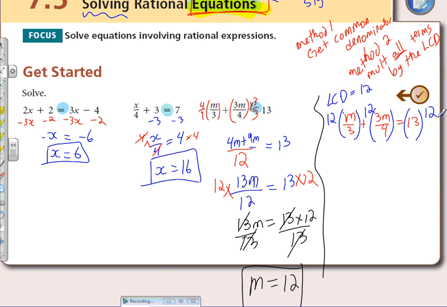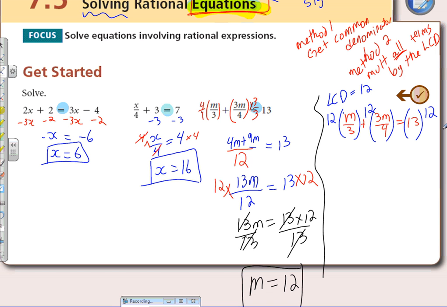This is where it's slightly different than what you did with expressions. I don't need to multiply by 4 over 4, 3 over 3. I'm just multiplying by 12. I'm doing the same thing to both sides of the equation. As long as you do the same thing to both sides of an equation, it's still going to be equal.